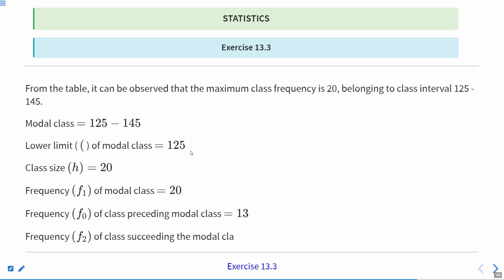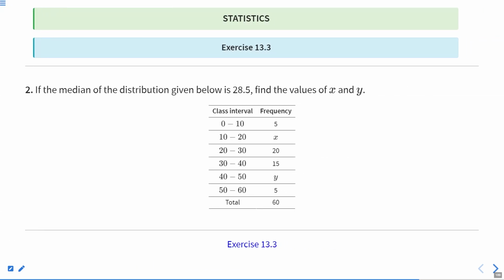That is actually L plus f1 minus f0 divided by 2f1 minus f0 minus f2 times h. Okay, by using that formula you can find the mode of the data.